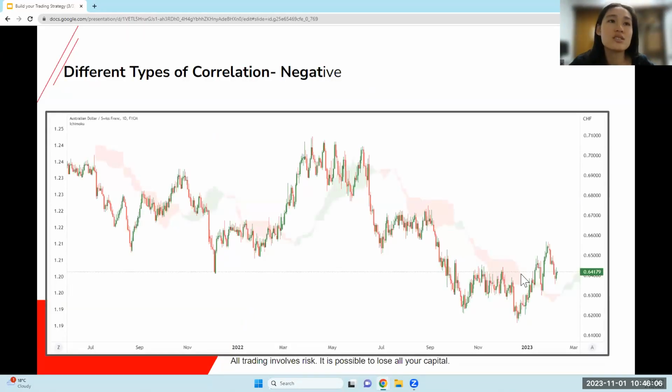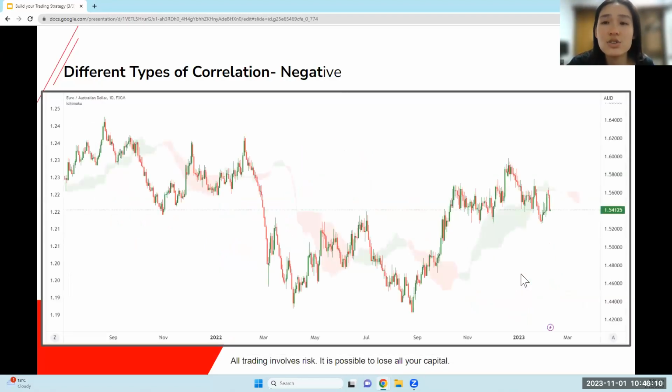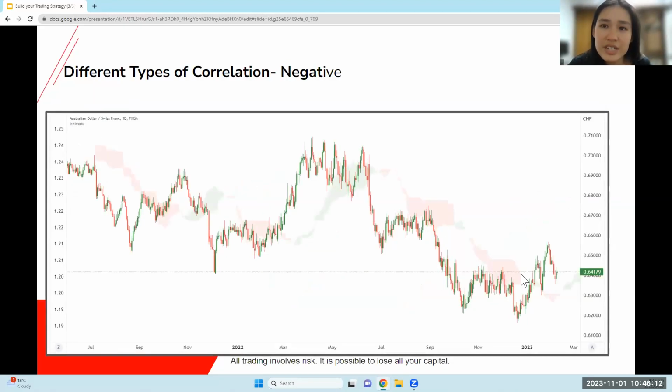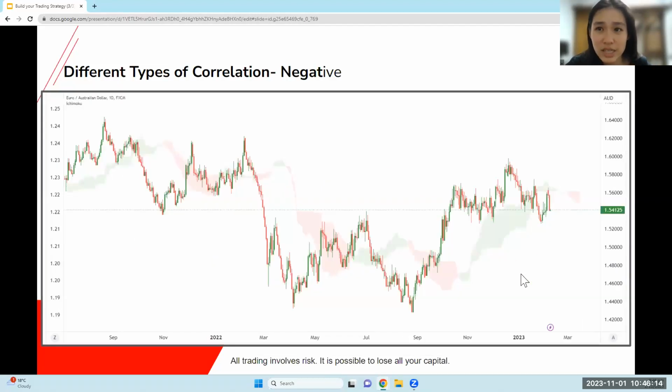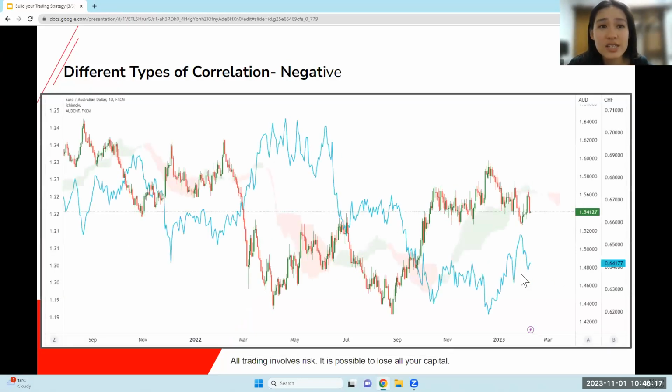Okay, so this is the Aus franc. And this is the euro dollar. So you can already see that these charts pretty much look nothing alike, and that's exactly correct. Whenever prices are dropping on our euro dollar, our euro Aus, you can expect it to rise for our Aus franc and vice versa.